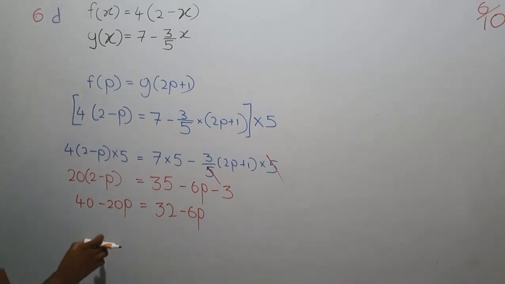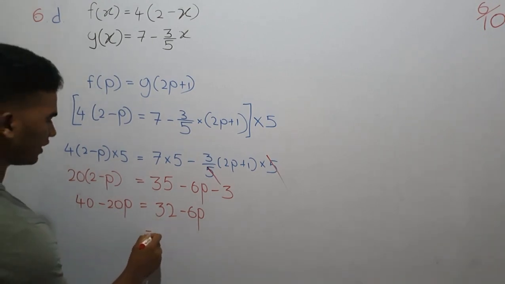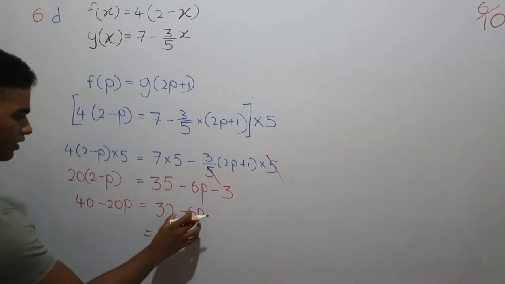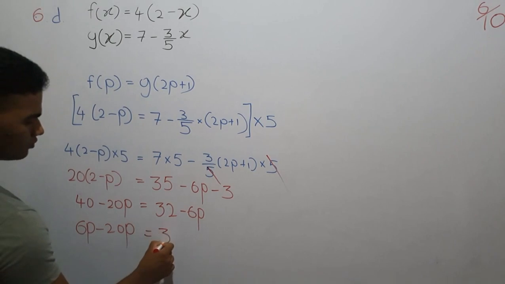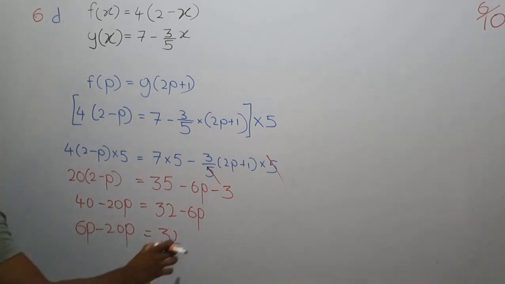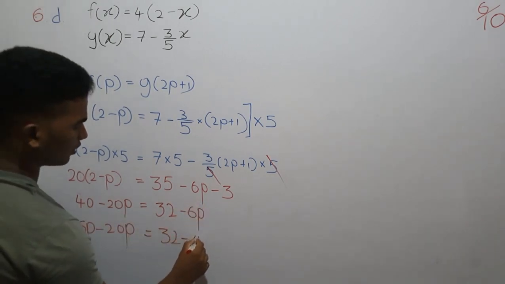Then we'll take all the p terms to the left hand side. So when we take all the p terms to the left hand side, this minus 6p comes to this side as plus 6p. 6p minus 20p. So 32, I'll take this 40 to the other side, it becomes minus 40.